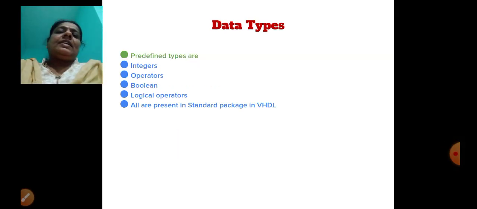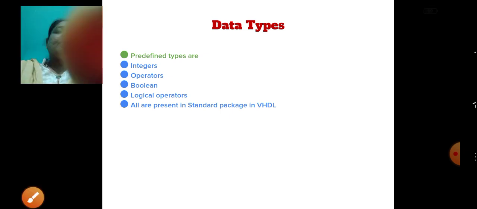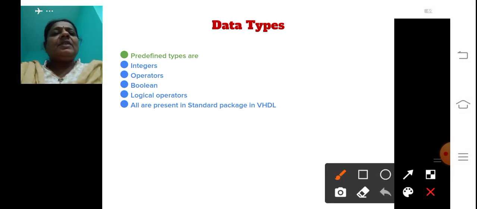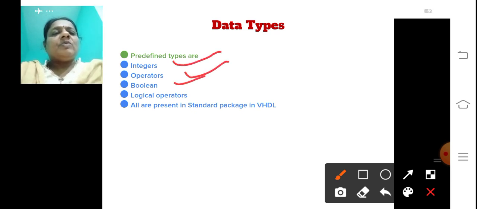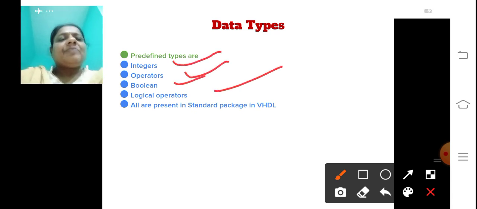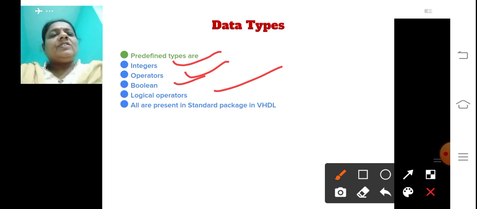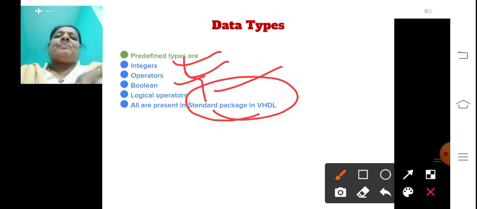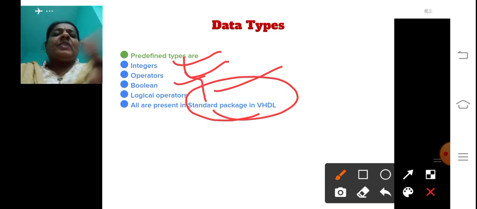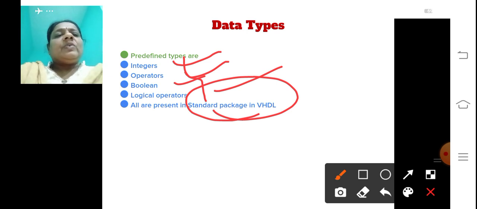Before studying this example, let us study the predefined data types available in VHDL. The predefined data types are integers, boolean, and the operators, including logical operators, and these are all present in the standard package. Boolean is nothing but 0 or 1, true or false.